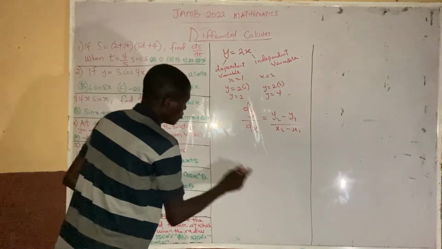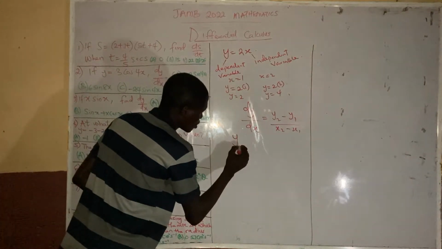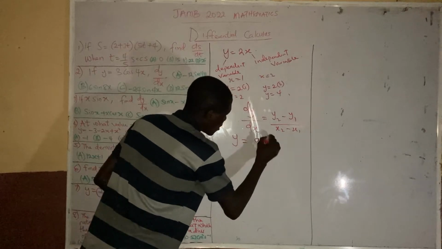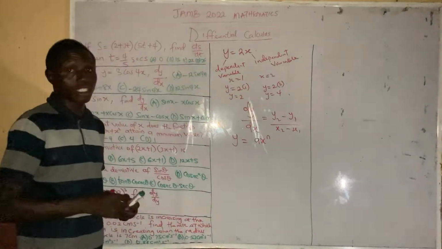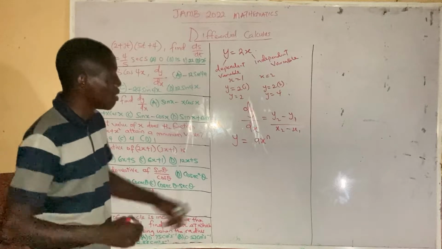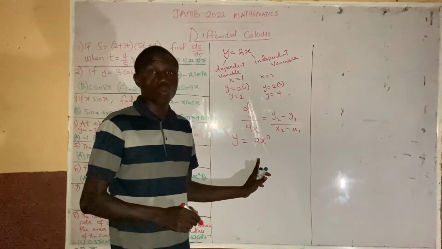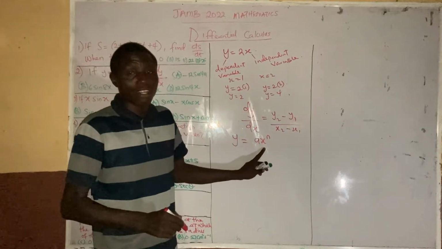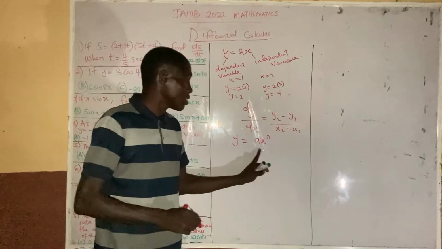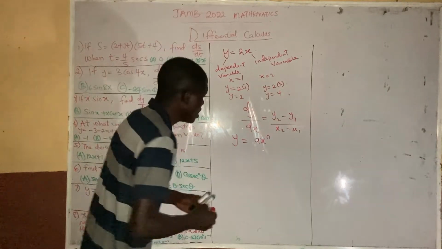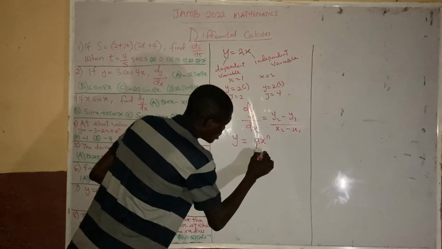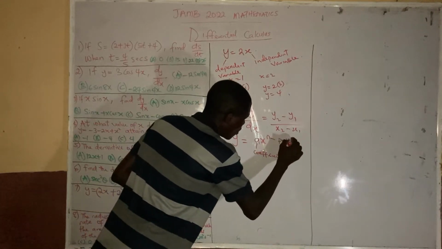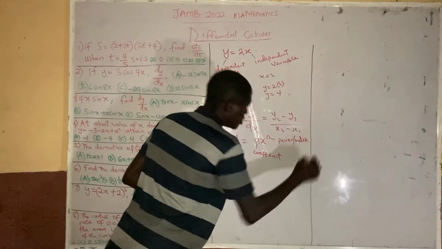Now, for example, you have a function y equal to ax raised to the power n. This is a type of function. If I want to differentiate this y with respect to x, look at this: what do a and n represent? A is the coefficient, and n is the power, or we call it index.